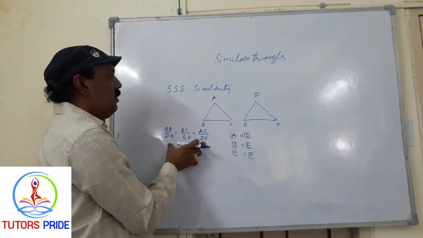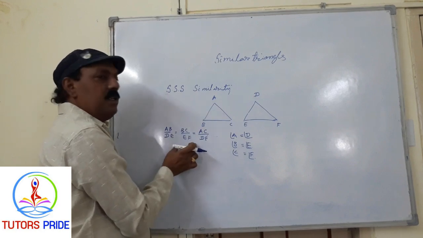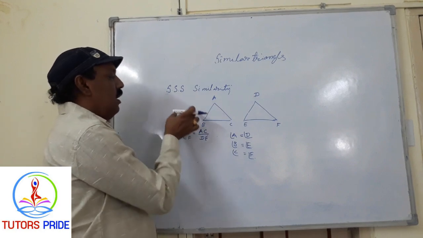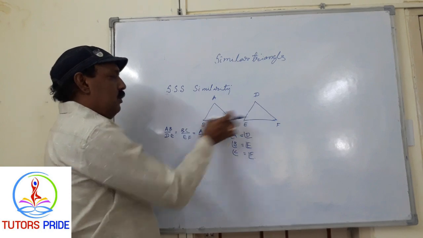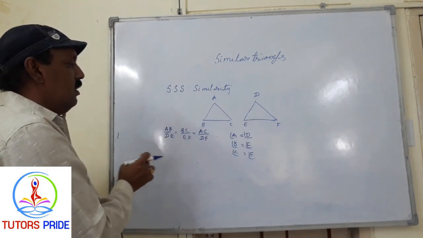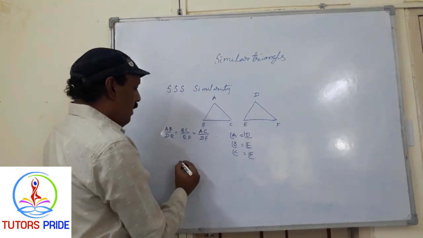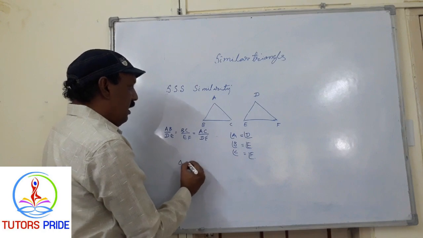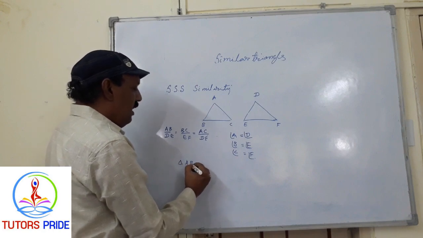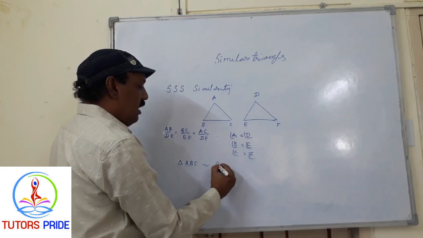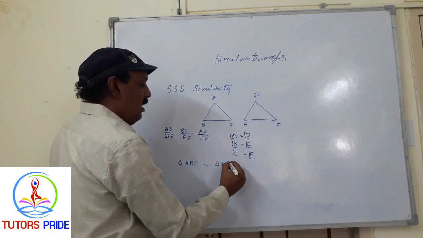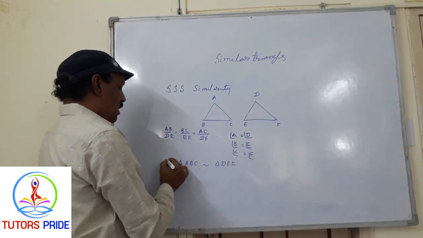So in this concept, initially we have to concentrate on the ratio of the two different triangles. So finally we can consider triangle ABC is similar to triangle DEF.